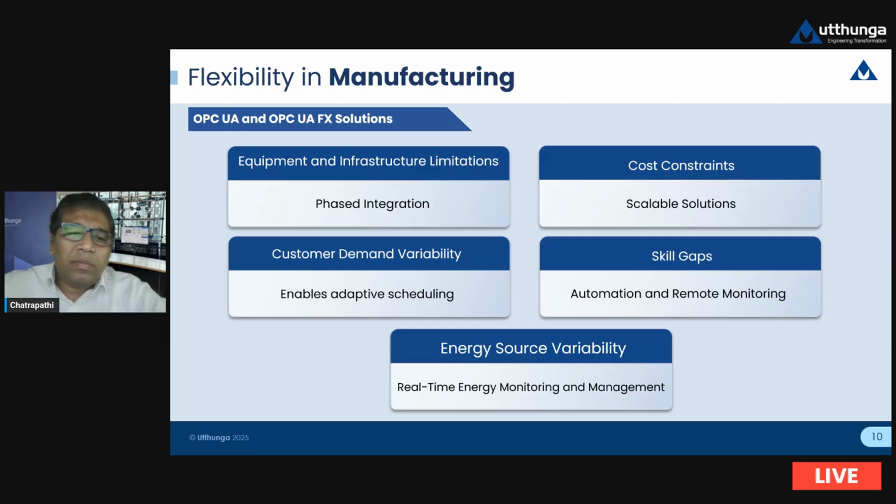When it comes to energy source variability, OPC UA and OPC UA FX supports the integration of energy management systems that can monitor and optimize energy usage in real time.